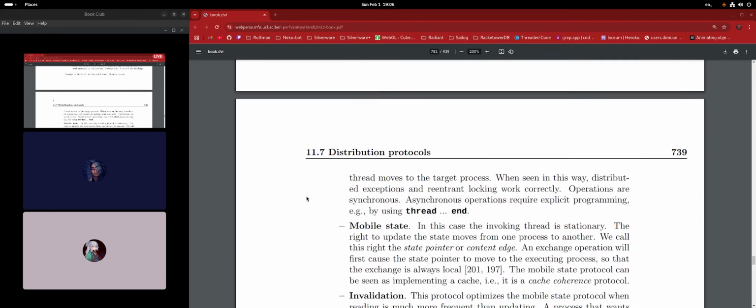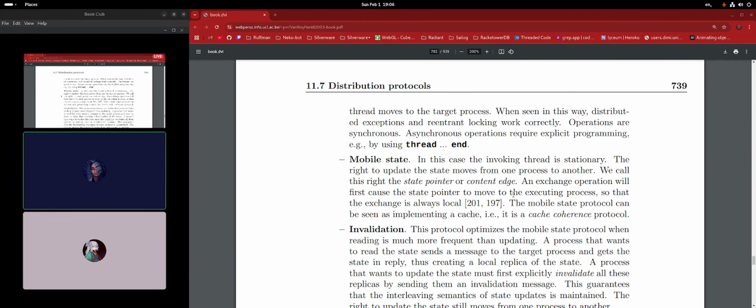Mobile state. In this case, the invoking thread is stationary. The right to update the state moves from one process to another. So this is the one where the change is going to be perceived as being done locally by whoever wants to do the change. We call this the state pointer or content edge.